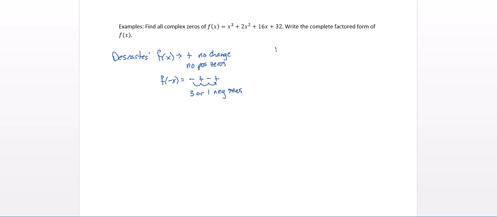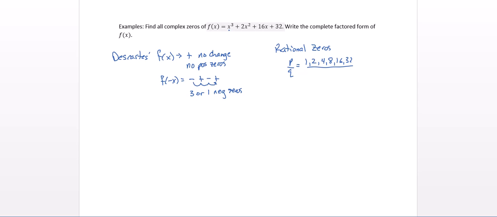So my next step is my rational zeros theorem. If you need to, review the real zeros of polynomial functions video that was, I believe, released right before this one. Rational zeros are of the form p over q. The only factors of 32 are the powers of 2.